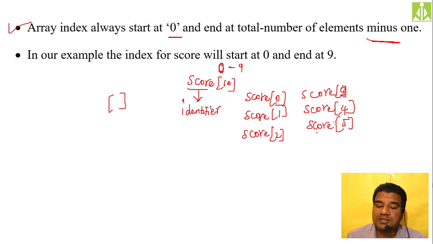Likewise, score of 6 will become my seventh element. Then score of 7, score of 8, score of 9.